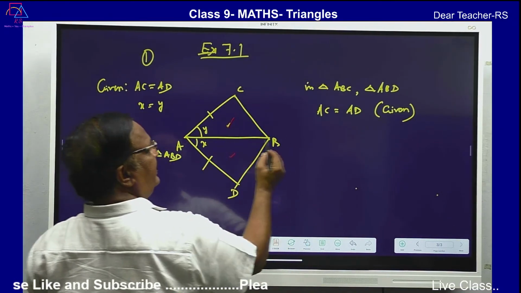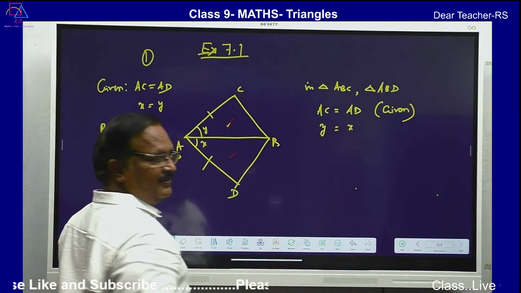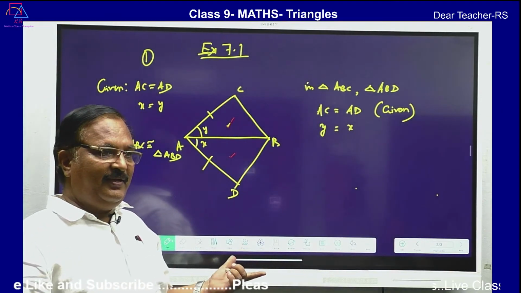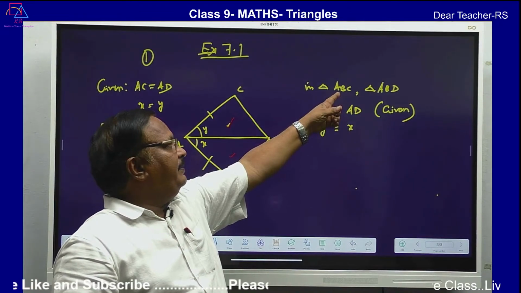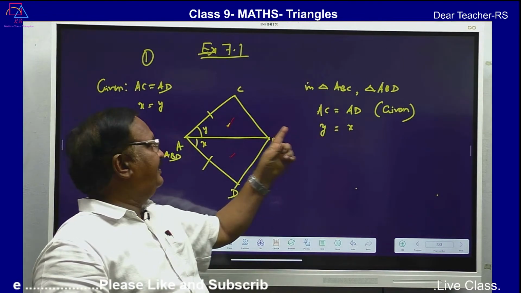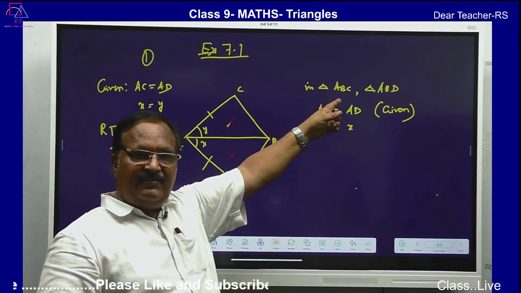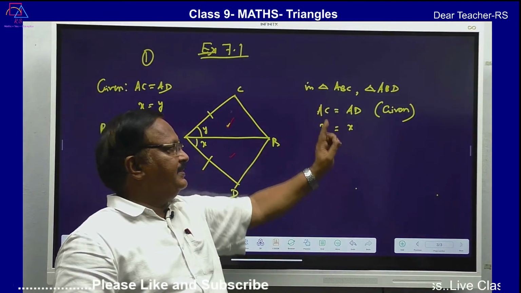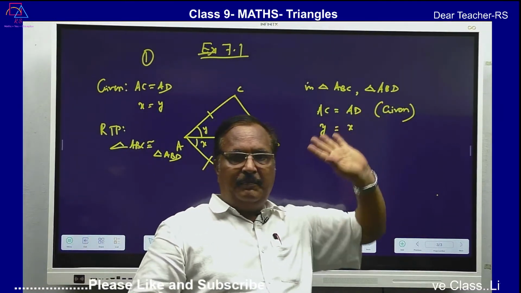X is equal to y and y is equal to x. Don't write x is equal to y. Why? Because ABC is there, no? Angle ABC is y. In ABC, y is there. Because we have written ABC first, all these parts should belong to ABC. The right hand side part should belong to ABC.